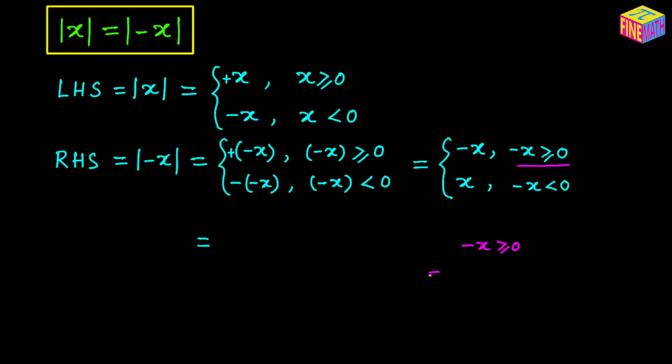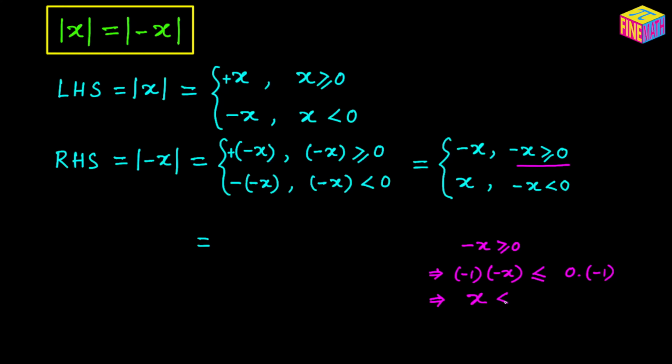On the right hand side we have 0 times negative 1. And the inequality sign will flip because we are multiplying by a negative number on both sides.